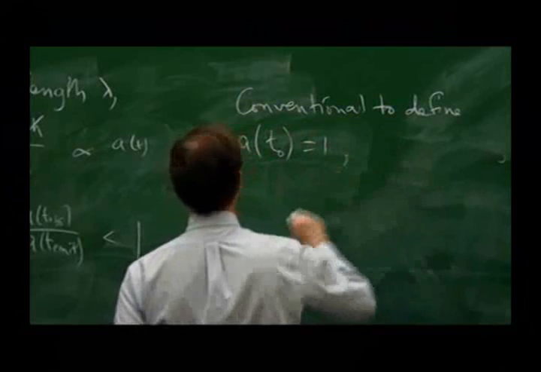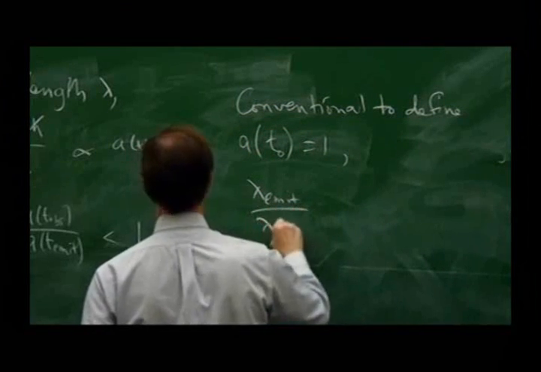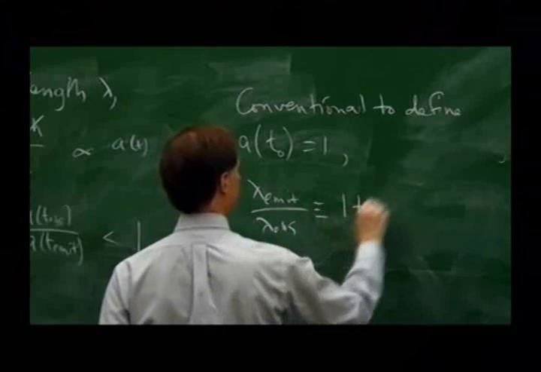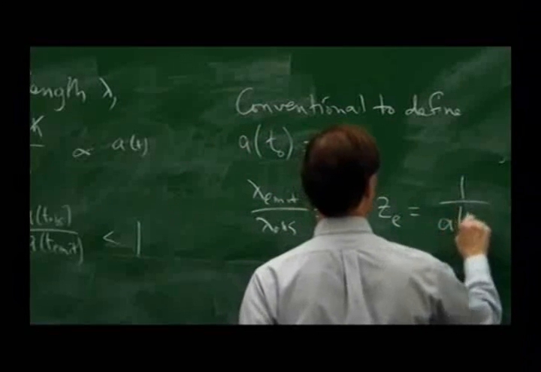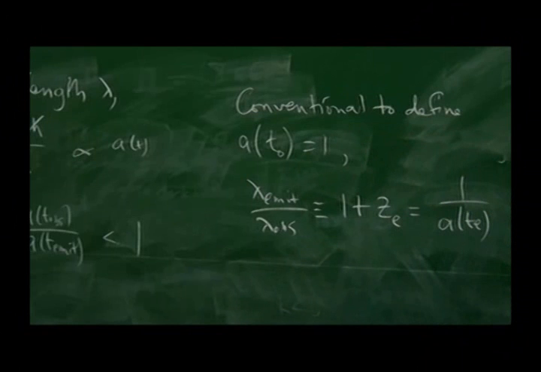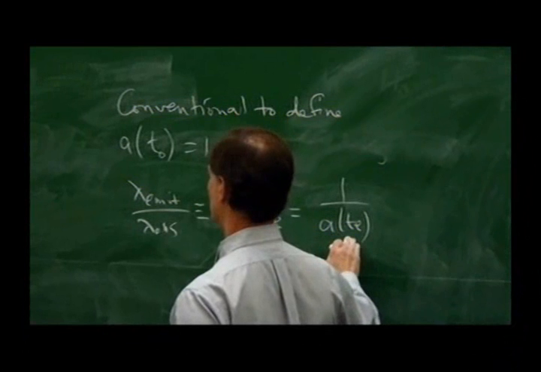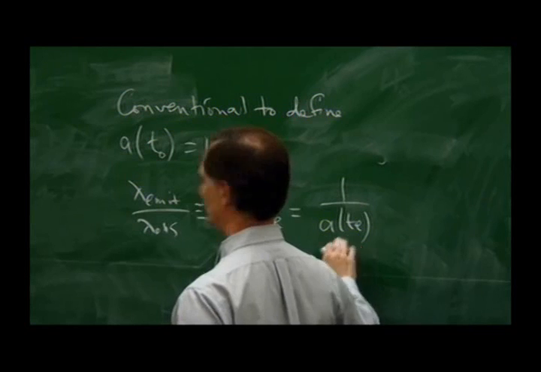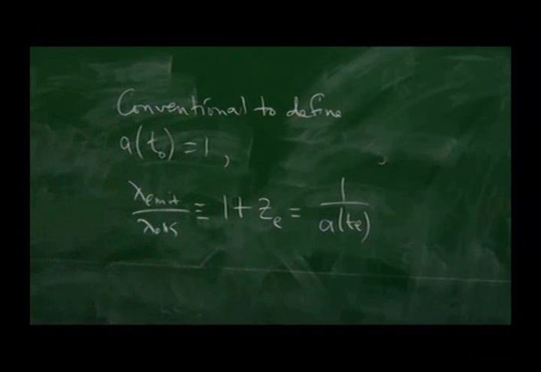Let me see, I have this the wrong way around. Lambda emitted should be less than lambda observed. What am I doing? I have this backwards, sorry.